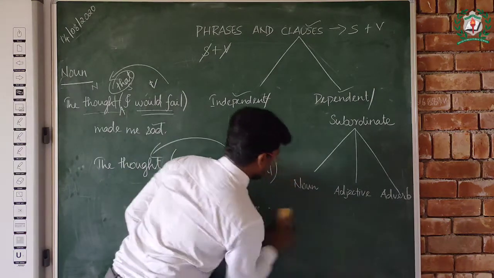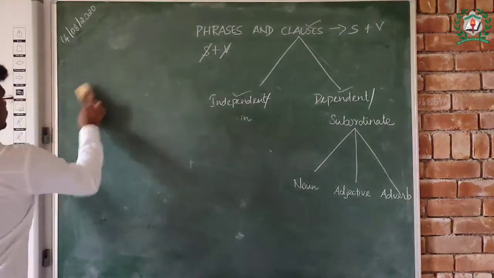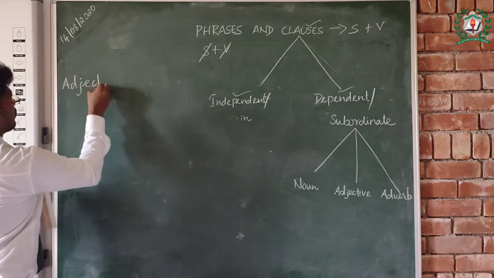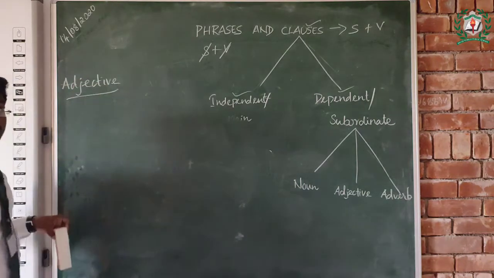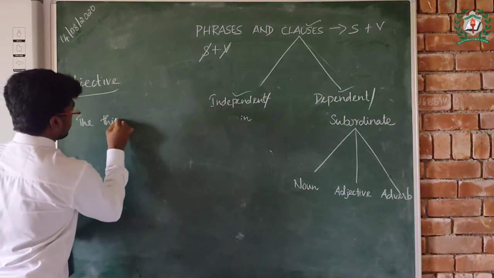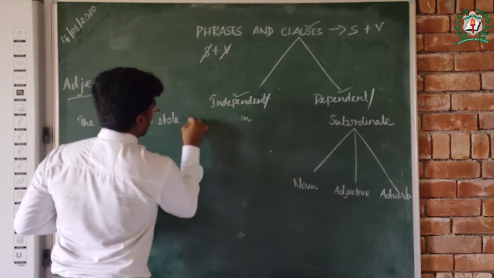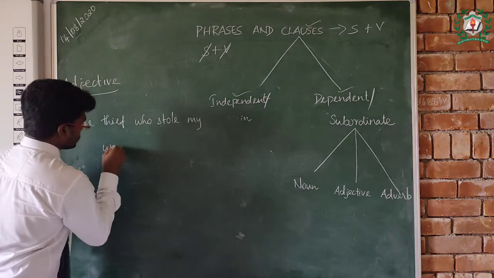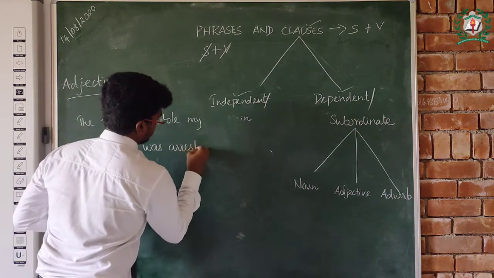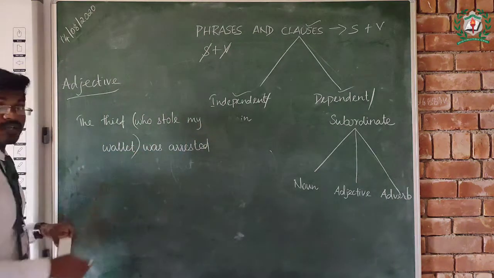Let's see about the adjective. What is an adjective? An adjective is which qualifies the noun, tells about the noun. Let's see an example. "The thief who stole my wallet was arrested." Listen here. Who stole my wallet?